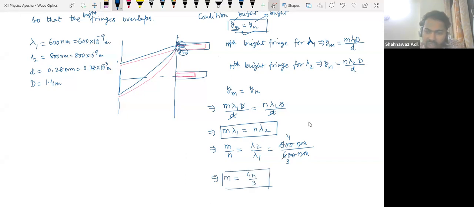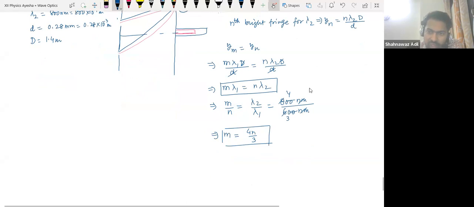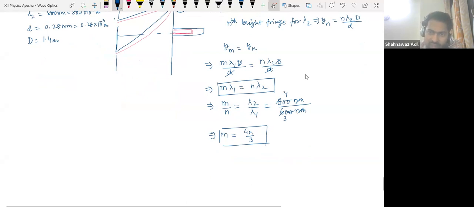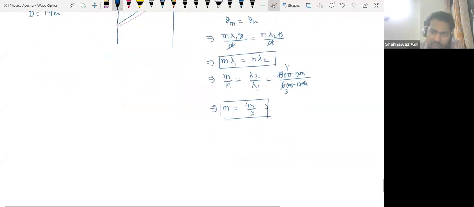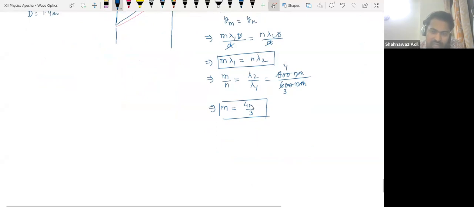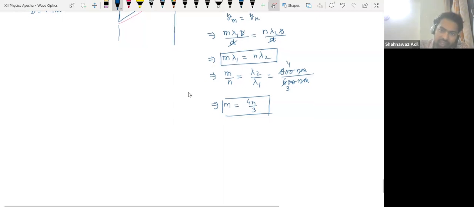So this would be the position. So if I choose n equal to 1, then what would be m? For m equal to 4n by 3, m would be 4 by 3.